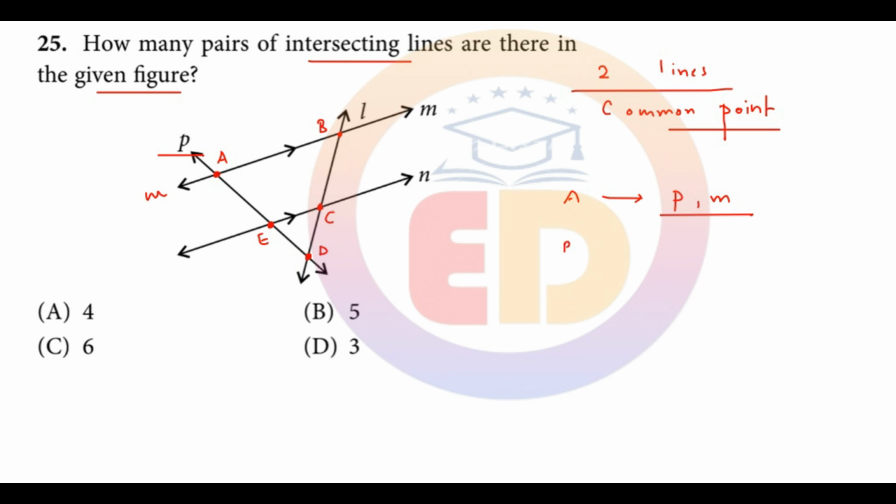At point B, the two intersecting lines are L and M. At point C, the two intersecting lines are N and L. This is line L. At point D, the two intersecting lines are L and P. And at point E, the two intersecting lines, this is line N, this is line P. N and P. So we see that there are 5 pairs of intersecting lines here. Answer is option B.